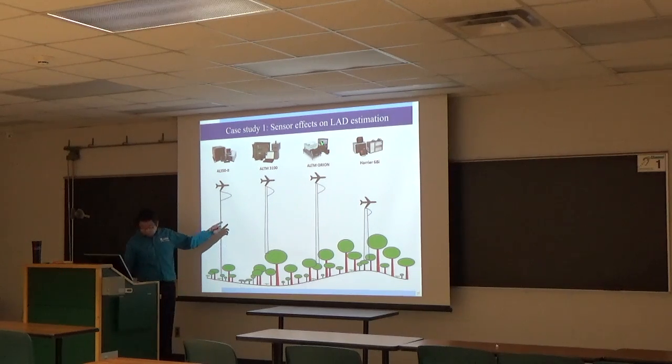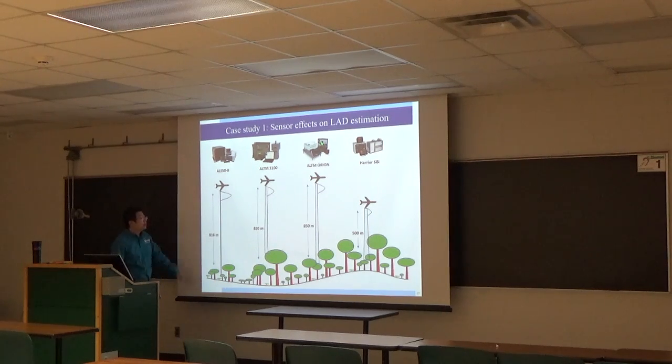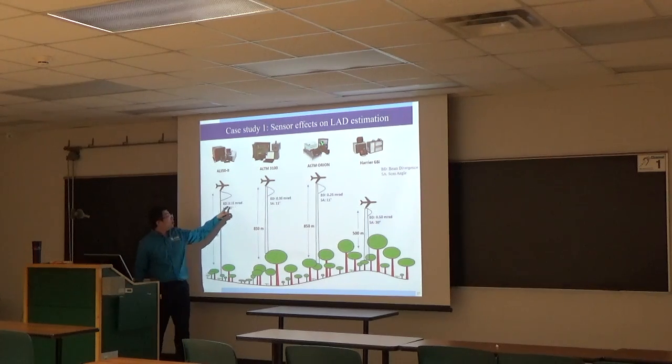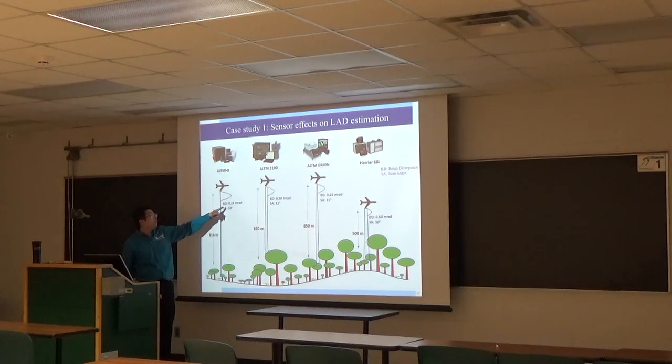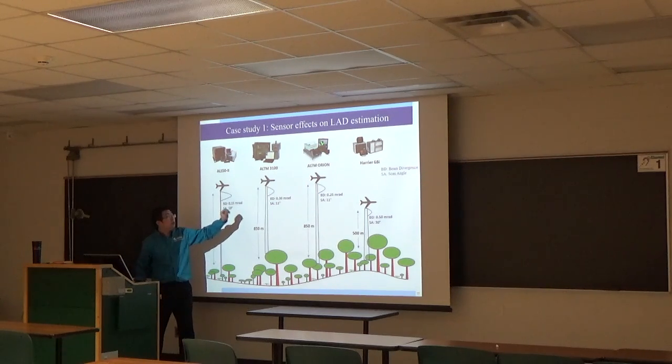They have different flying altitudes. One is very low, and the other 3 are very similar. They also have different beam divergence. Beam divergence relates to beam energy: if you have a small number, you have strong energy; if you have a large number, you have low energy.